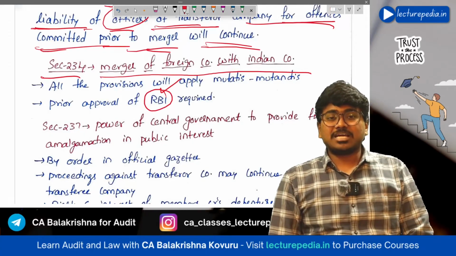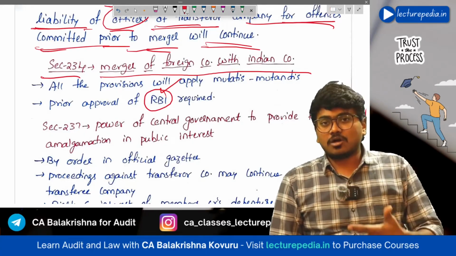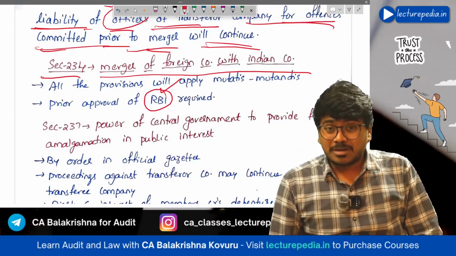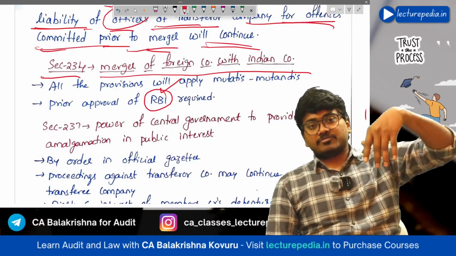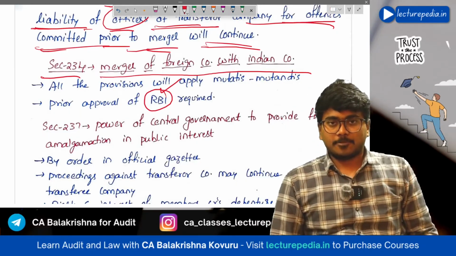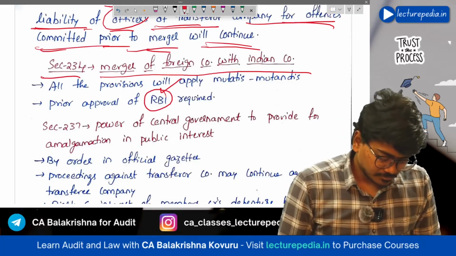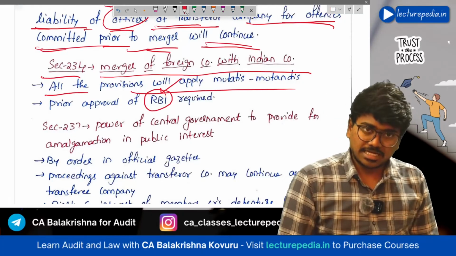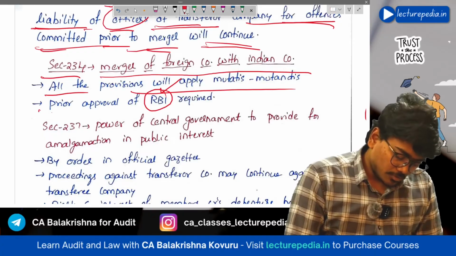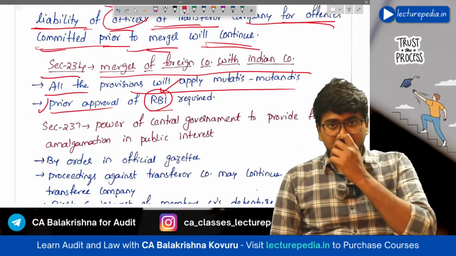You have to take prior approval of the Reserve Bank of India if you want to merge a foreign company with the Indian company. Hope that is clear.